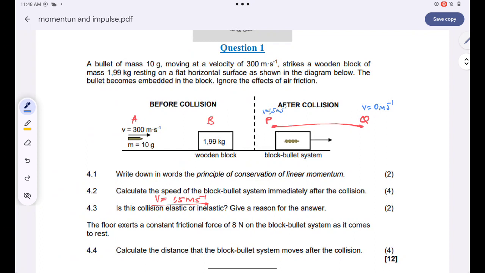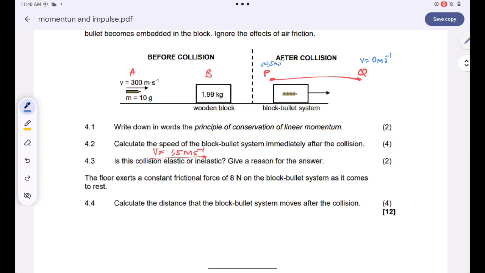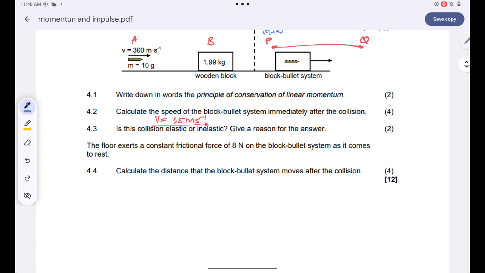Are you together? There's only one force acting parallel to the surface, that's the frictional force, and frictional force is always opposing motion. So we can simply use the work energy theorem here. If you draw a free body diagram of the bullet block system, you'll have your normal force, your weight, and a frictional force.